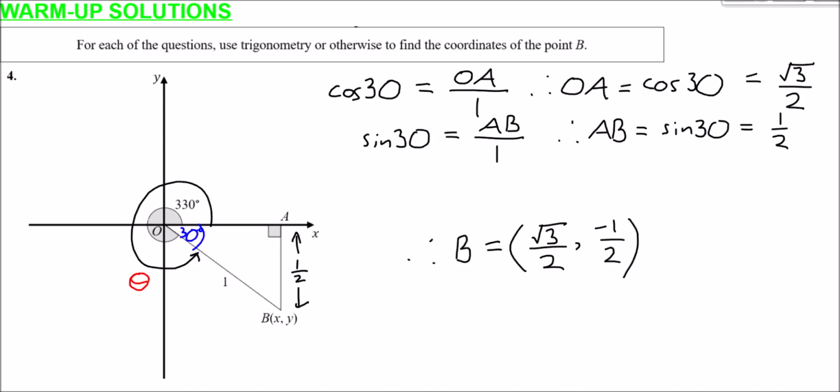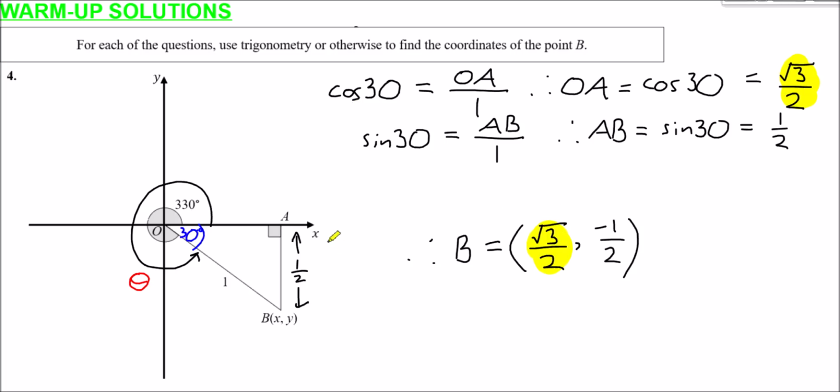So again, we can see here, like we've seen for all of these warm-up questions, that the x-coordinate of any point 1 unit away from the origin relates directly to the cosine of the acute angle made in this right-angled triangle, in this case 30.